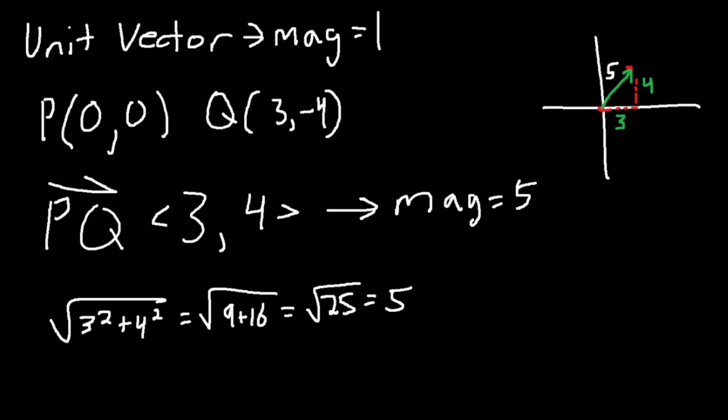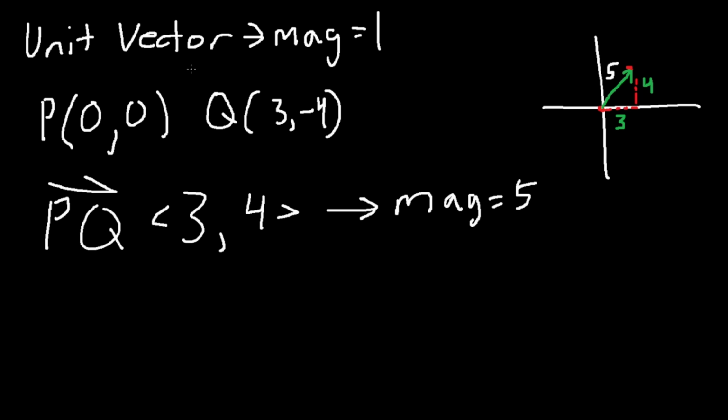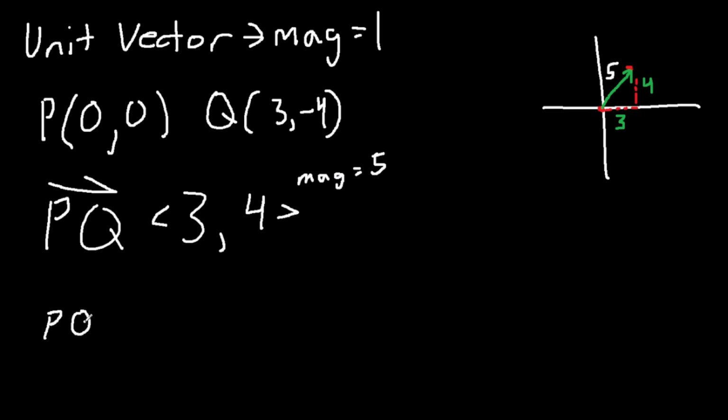What I mean by that is, let's go ahead and erase this for more space. Let's leave magnitude equals 5 over here. We'll actually divide both the values of this vector by 5.